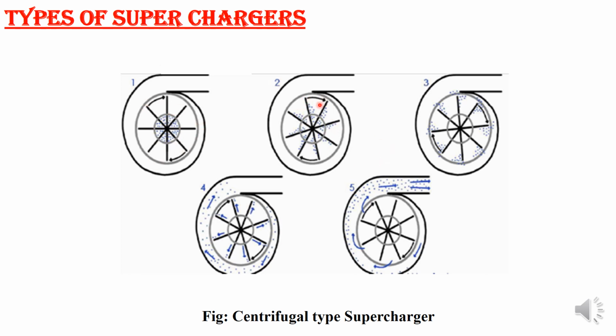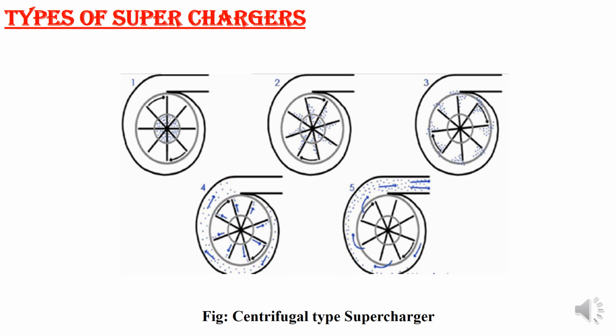Second case, then it will move on the volute casing through the diffuser, then it goes like this, and it goes to the engine. Compressed air is going to the engine. This is how your flow chart you can say for a centrifugal type of supercharger.